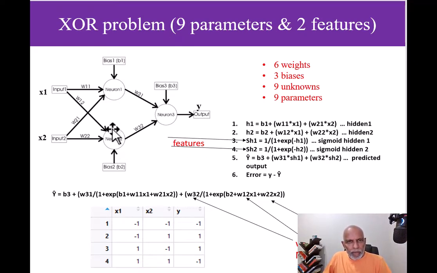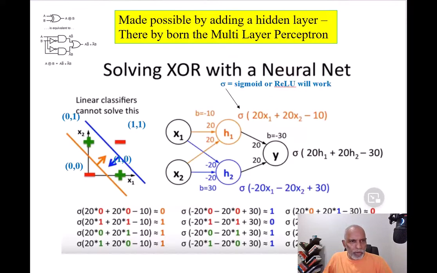Then this will output an OR gate, and then you combine it with the AND gate by these connections, and you will get an XOR output. Okay, so a combination of OR and AND will get you an XOR output. Okay, that's the idea. Alternatively, I'm going to explain it in the following way.